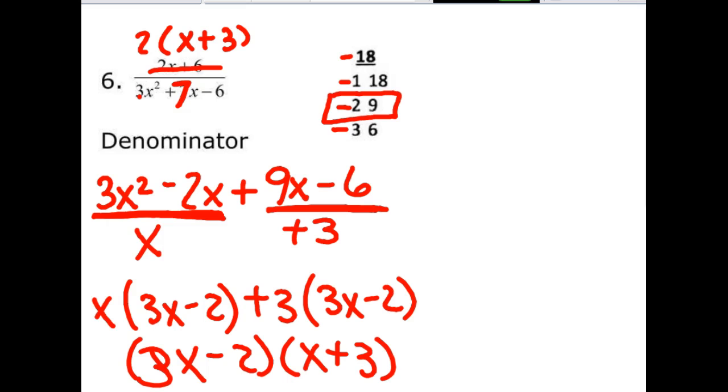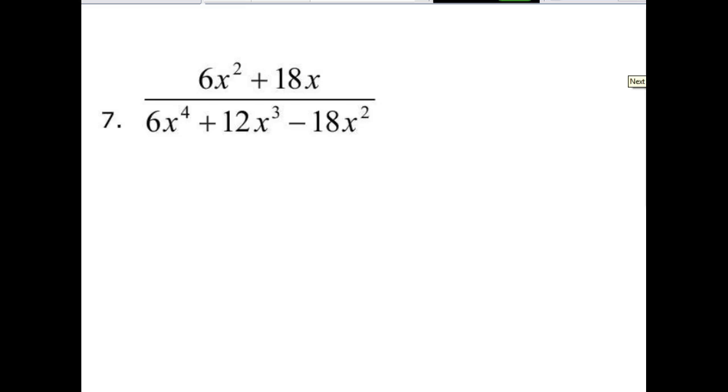Ooh, that looks ugly. What will factor out of the numerator? Oh, wait. Let's make it better. Can I just cancel my 6's like that and cancel my 18's like that? Make it easier? Can I do that? Explodes. Not allowed. You can only cancel factors. So what factors out of the numerator?